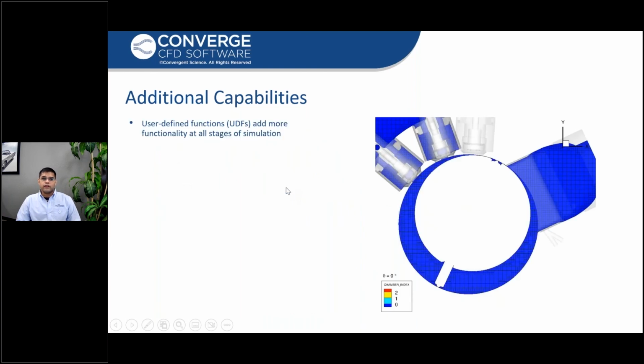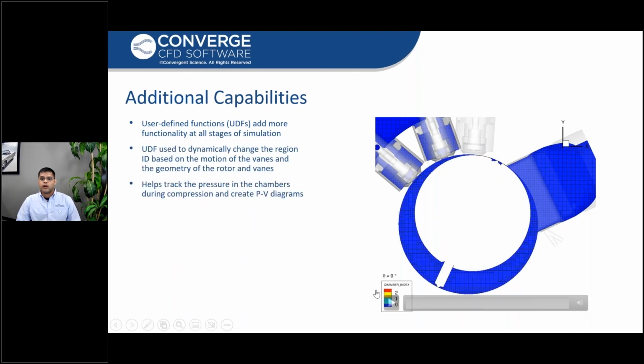We have very robust UDF, or user defined function, capabilities, and it can be added at any stage of the simulation. So here we see an example of a UDF being deployed to demarcate our compression chamber into different regions where we can calculate the pressure volume curve based on how the chambers are being formed.